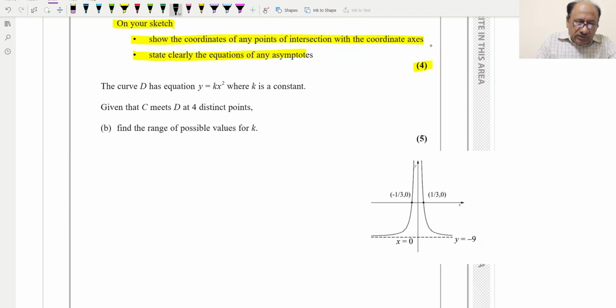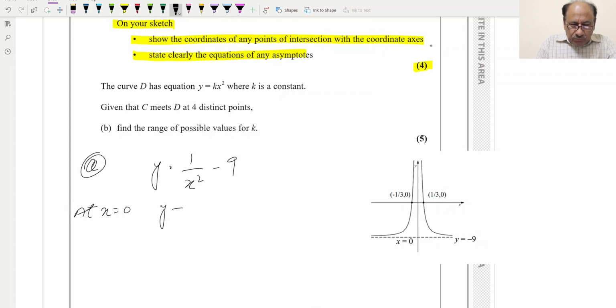So the equation given is y is equal to 1 over x square minus 9, and we can check for x is equal to 0. At x is equal to 0, y tends to infinity.